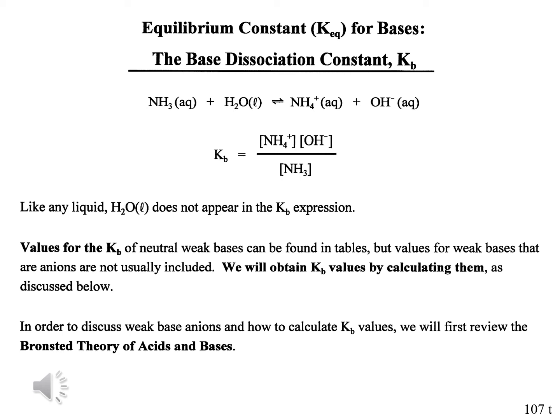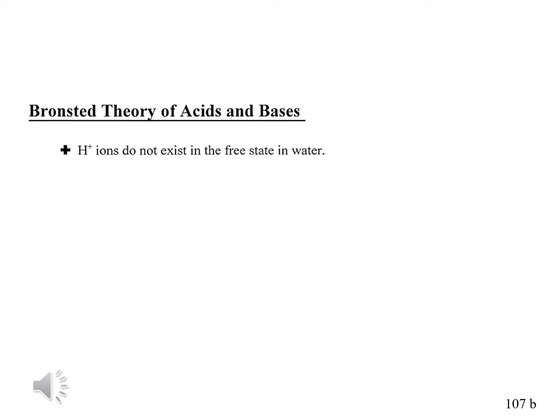I am going to show you that it's possible to calculate Kb from the Ka of the corresponding acid. So we're going to use the same table, the Ka table, to get Kb's as well, but you have to calculate it. And in order to do that, we have to talk about the Bronsted theory of acids and bases in order to show how that works. The Bronsted theory is the second theory of acids and bases that was proposed.